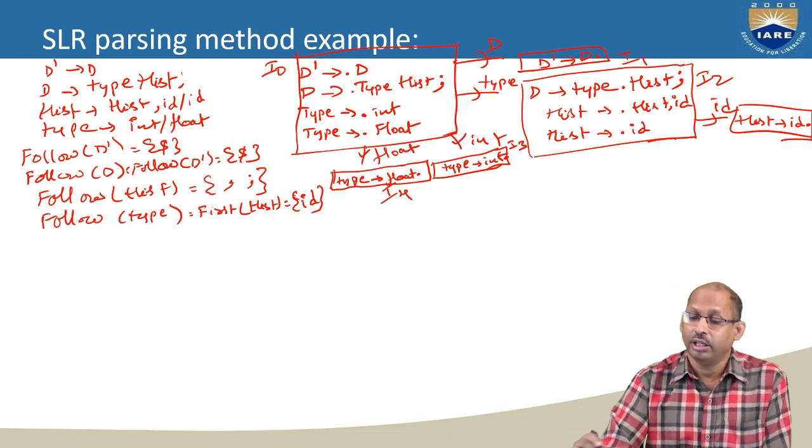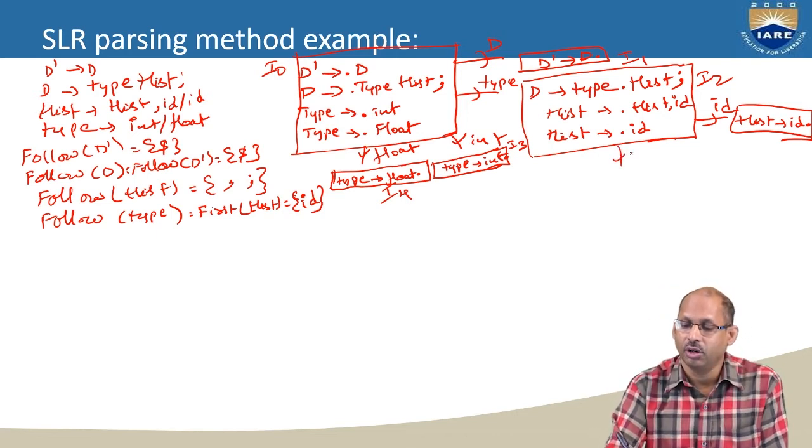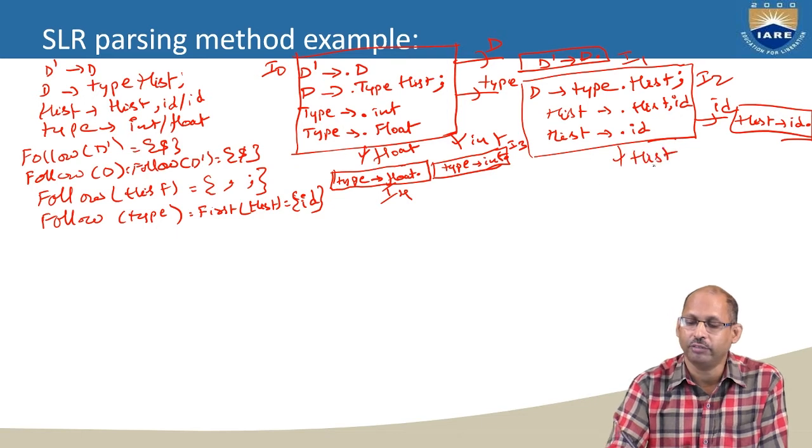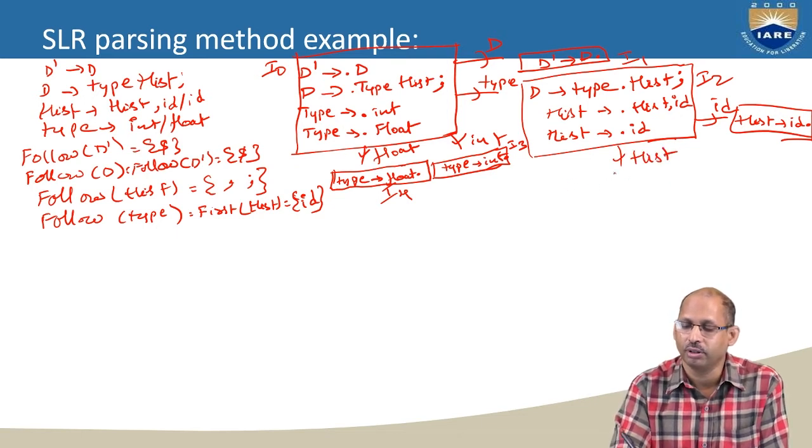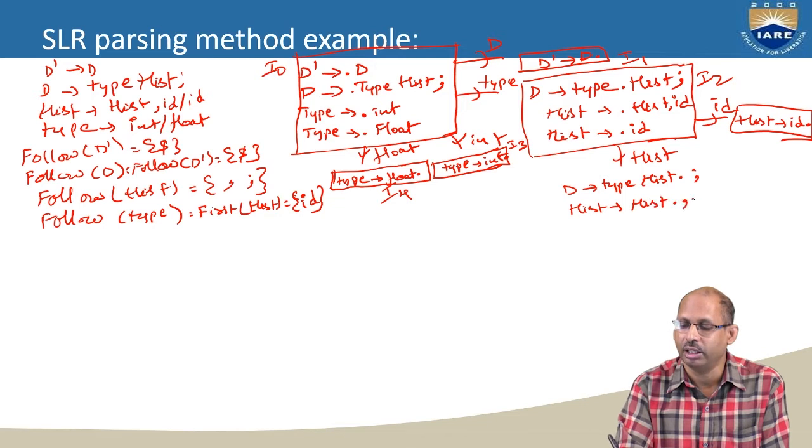Then T list. On T list, what will become? D gives type T list dot semicolon, and T list gives T list dot comma id.